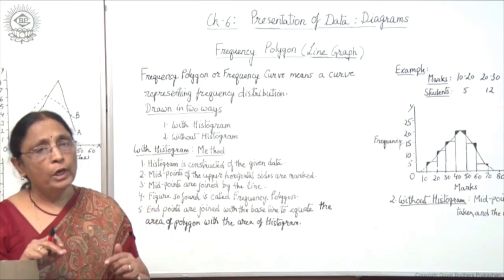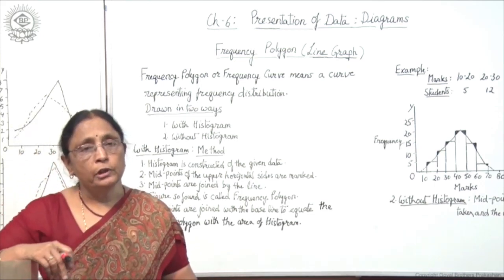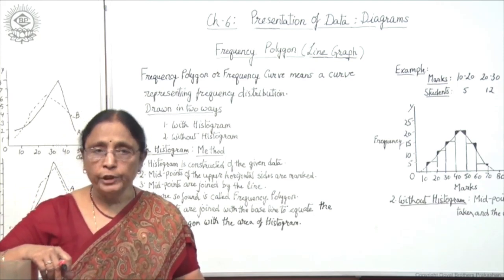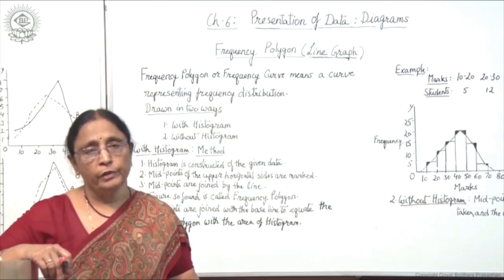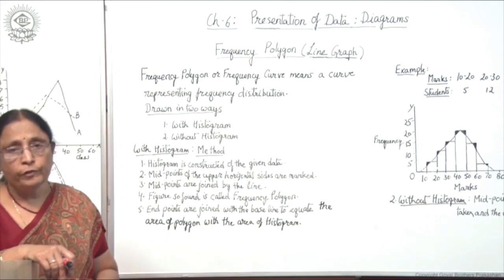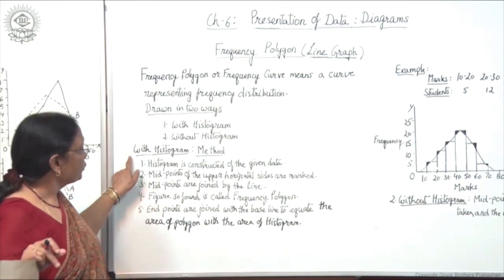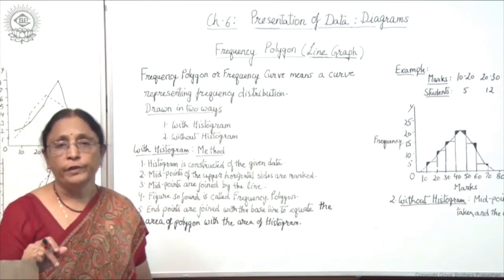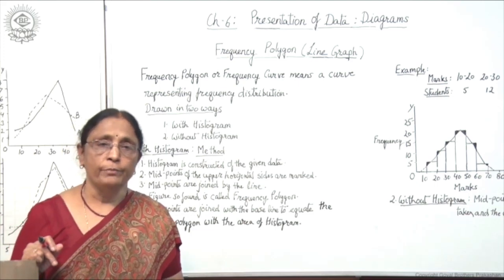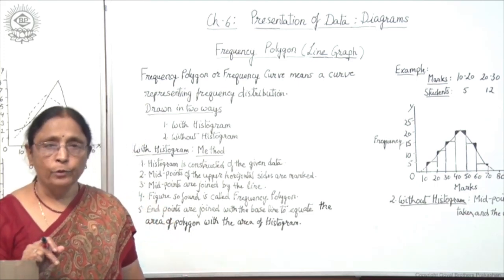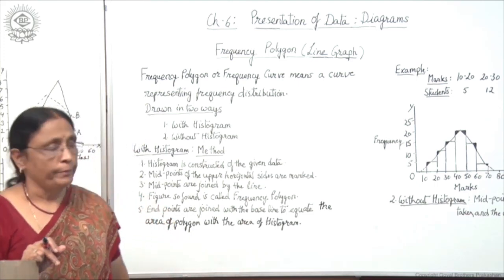Okay? So, now I will teach you how to draw the frequency polygon with histogram and without histogram with the help of examples. First we will take how to draw it with histogram. What is the method of drawing a frequency polygon with the help of a histogram?